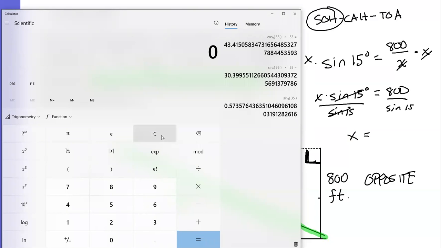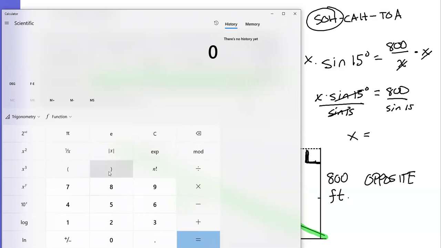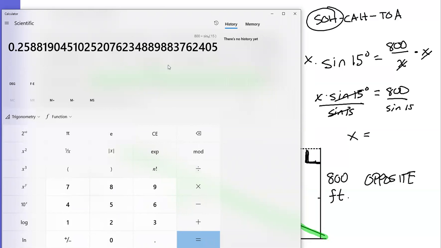So let's clear out my calculator here. And we're going to do 800 divided by, and we've got to do 15, and then the sine of that value. So far, the calculator's telling me that the sine of 15 is this 0.258 number.